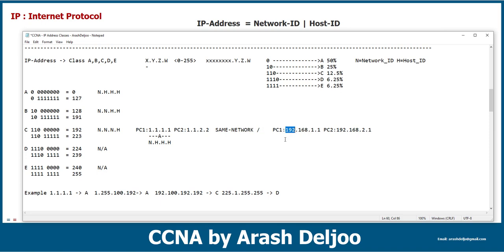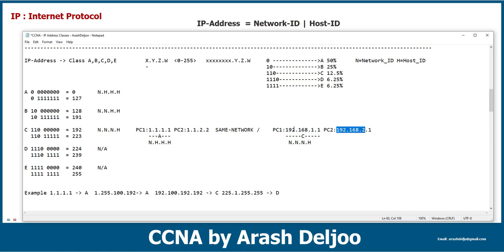Look here, PC1's IP started with 192, and 192 is residing in class C. As you can see here, class C IP addresses have the first three octets as the network ID. This means that PC1 is residing in class C, and in class C, as I mentioned before, we have the first three octets as the network octets, N.N.N, and H. Now we need to compare these three octets with the three octets of PC2.